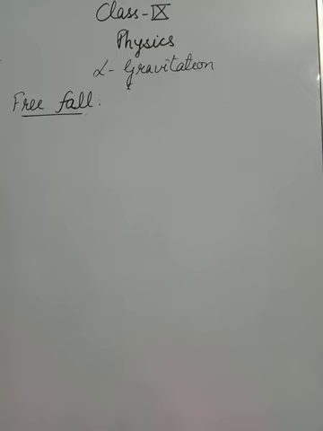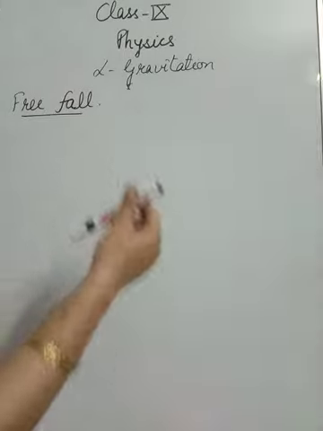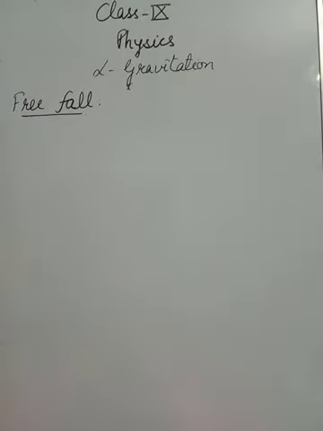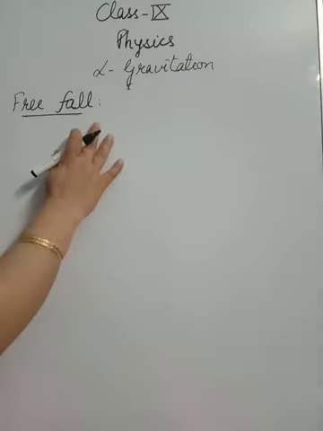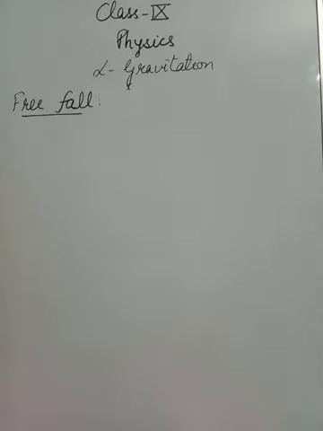And what is the cause of this acceleration? The force of gravity that is pulling any object downwards, that gravitational force is the reason why any object gets accelerated when it is under free fall. So the motion of a body under free fall is accelerated motion.